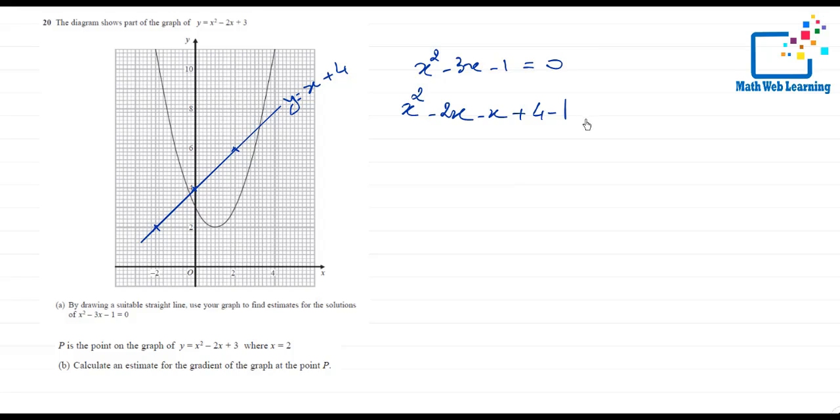So, now we make it equal 0. And then x squared minus 2x. The ones we don't need is this one here. We're going to have to move it to the other side. I made a mistake. It should be plus 3. I need to have plus 3 to create this graph.